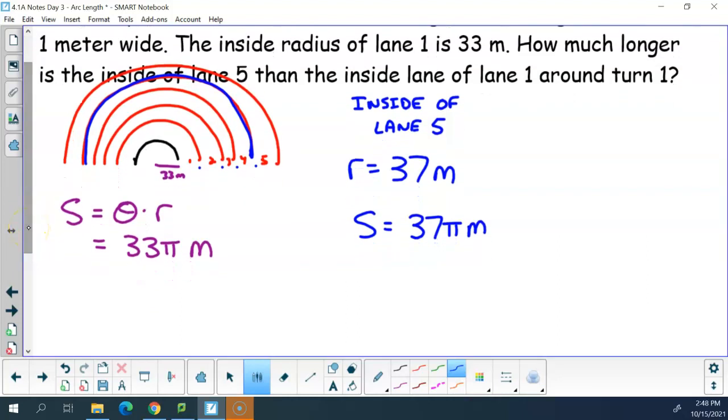It's 4 pi meters longer. I was right. 12.57, 12 pi, 12.567.